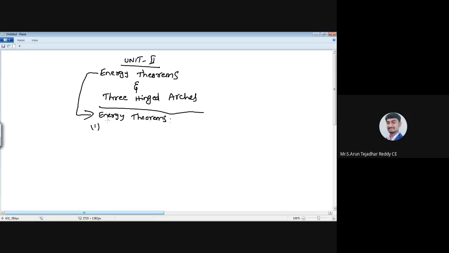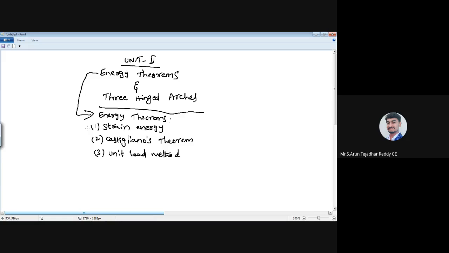First one is strain energy, second one is Castigliano's theorem, third one is unit load method. So these three are under energy theorems.